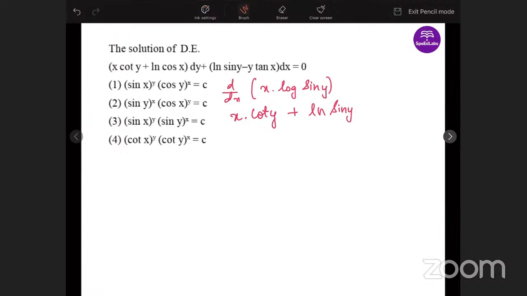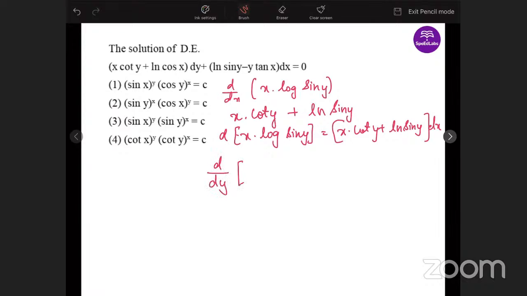Right. So this will be our dy by dx. So the whole thing I can write: d of x into log sin y is equal to x into cot y plus ln sin y into dy, sorry, dx. Can I write like this? Yes, sir.